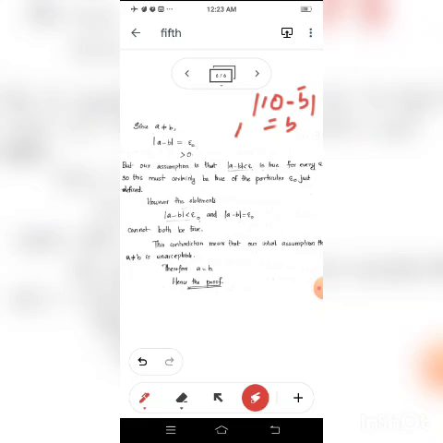However, the statements modulus of a minus b less than epsilon naught and modulus of a minus b equal to epsilon naught cannot both be true. So this is a contradiction to our assumption that a not equal to b. Hence, a not equal to b is unacceptable. Therefore, a equal to b. Hence the proof.